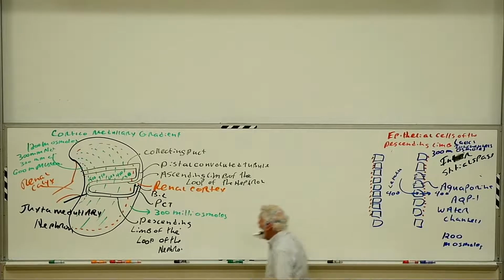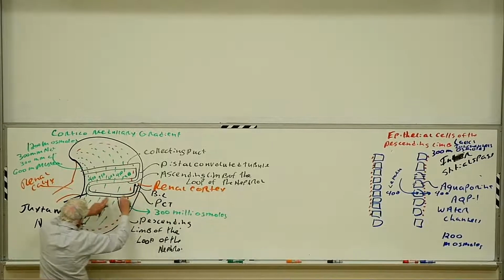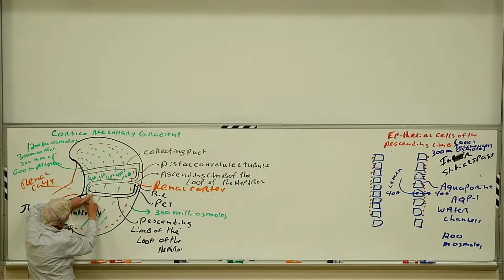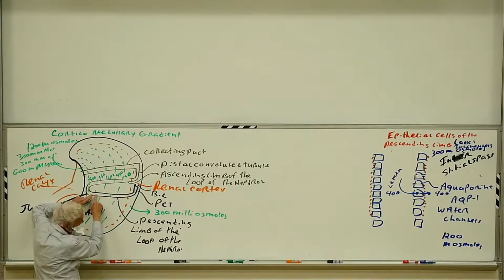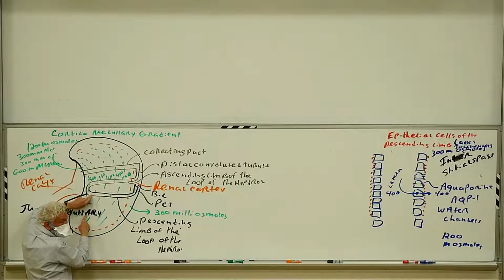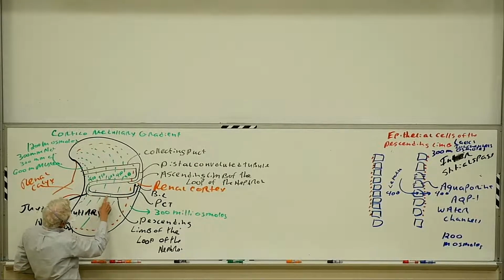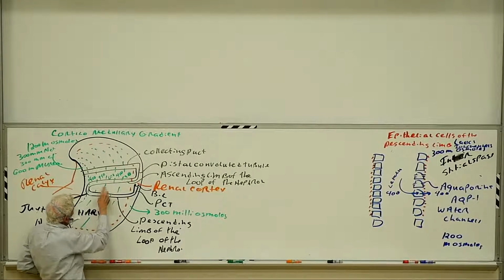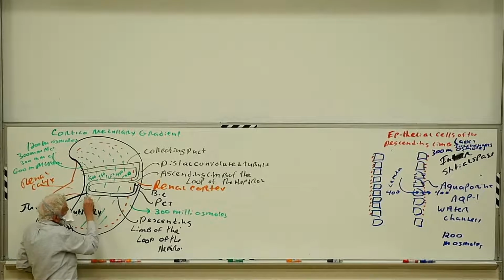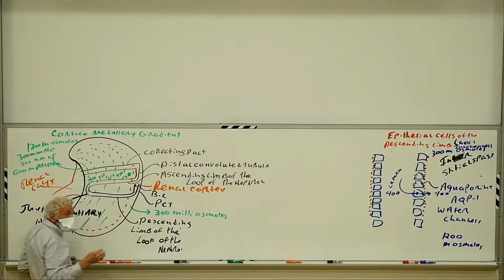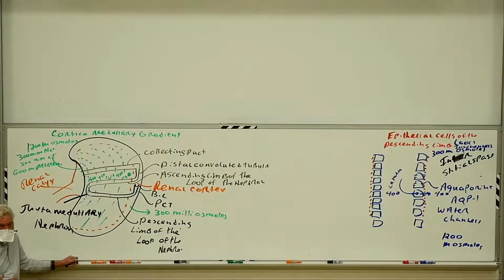So it tells us that as the fluid is moving through the descending limb, the concentration of ions inside the lumen of the tube is in equilibrium with whatever is on the outside. So if this is 600 outside, it's 600 inside; if this is 750, it's 750 inside. And we reach that equilibrium simply by allowing water to exit.